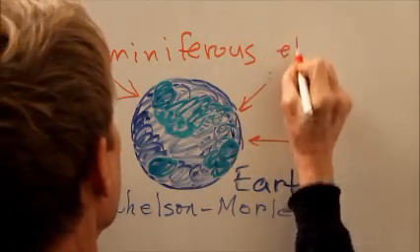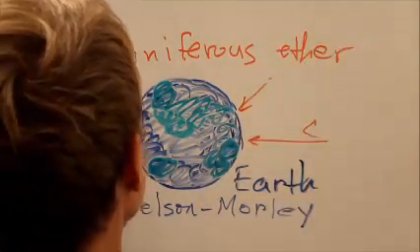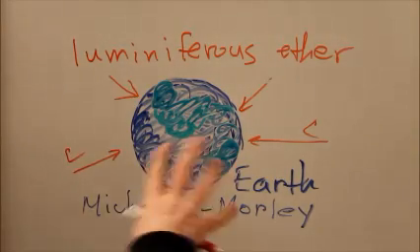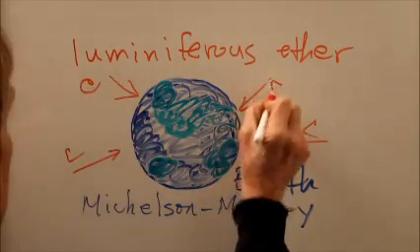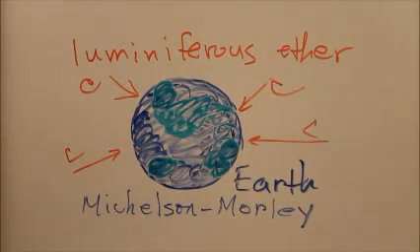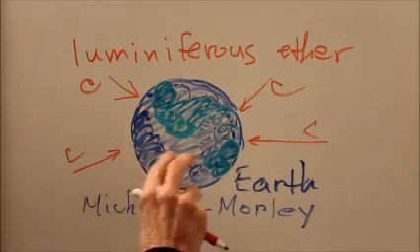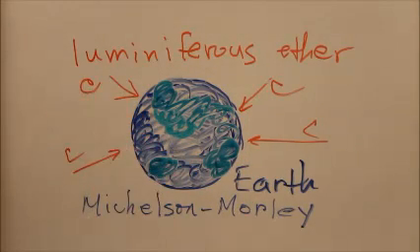Well, you know, sound waves travel through air, water, metal. They need a medium in order to travel. It seemed logical to suppose that light would also need some sort of physical stuff to travel through, that nothing could travel through a plain vacuum, could it?